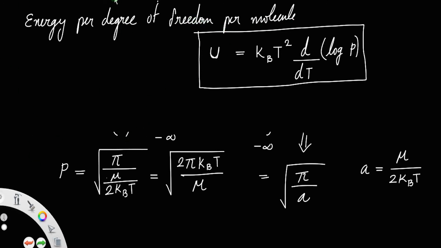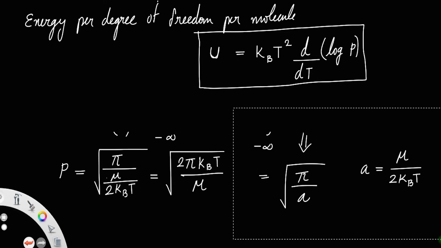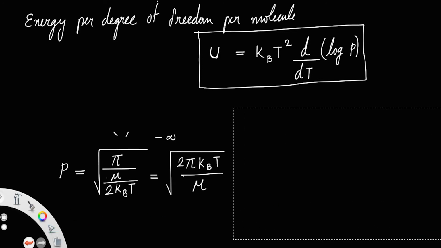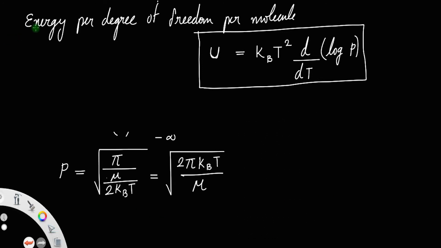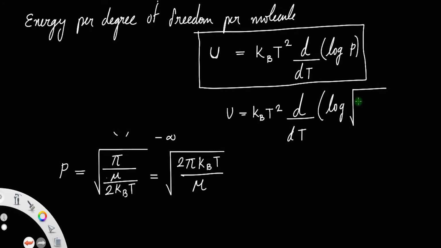And you know P is equal to root of 2 pi kB T by mu. So U is equal to kB T square, derivative d by dT with respect to temperature of log of root of 2 pi kB T by mu.